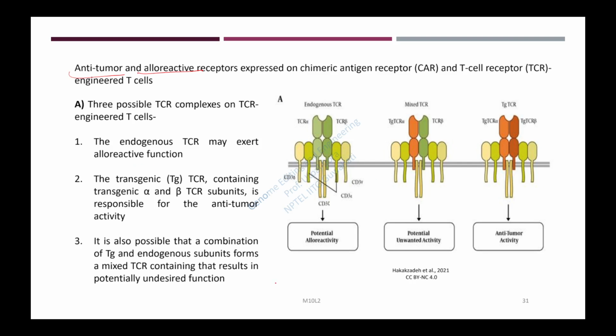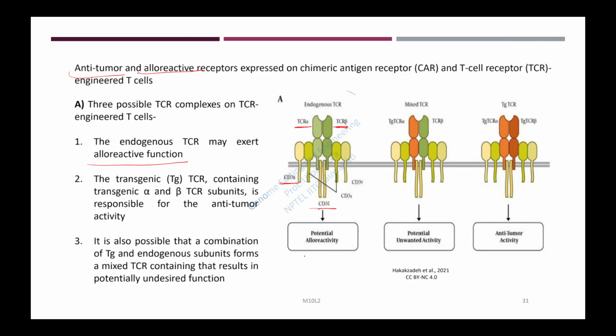As I have mentioned, the endogenous T cell receptors expressed on the surface of the T cells will cause an alloreactive function. Here you have the TCR alpha and beta subunits, CD3 zeta, CD3 delta, CD3 epsilon, and all these different subunits are potential causes of alloreactivity.